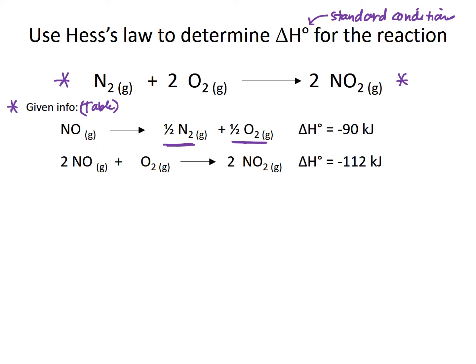And so when I take this reaction, I want these to become reactants. So what I need to do to make these become reactants is flip the reaction. And if I flip the reaction, then I change the sign.